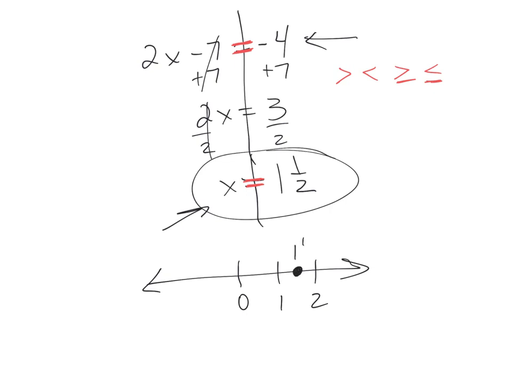The only solution that fits into x right here that works is 1 1/2, and you see this is a closed circle. This is how you're used to seeing it, a dot that is at 1 1/2. So we don't bother graphing this because a graph is sort of unnecessary. There's one solution that makes this equation up here true, and it is positive 1 1/2.